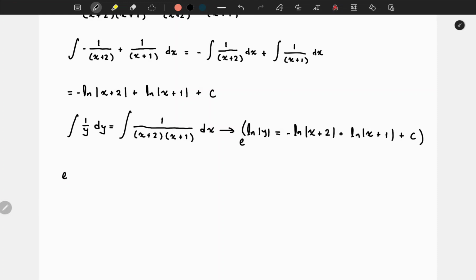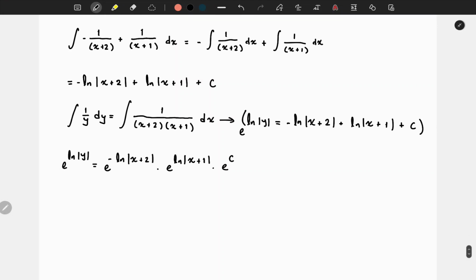So e to the power of ln y is equal to e to the power of negative ln of x plus 2, and that would be multiplied to e to the power of ln of x plus 1, times e to the power of C. Now we can see that we have this e to the power of C, which means e to the power of a constant.